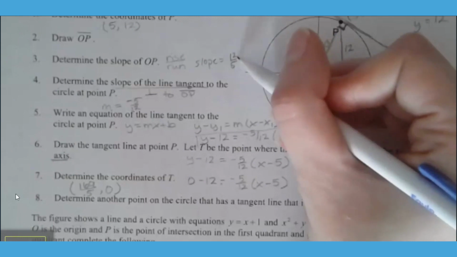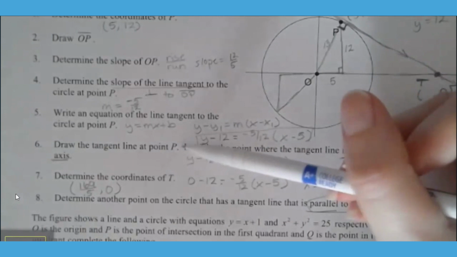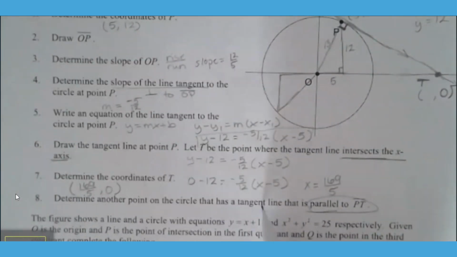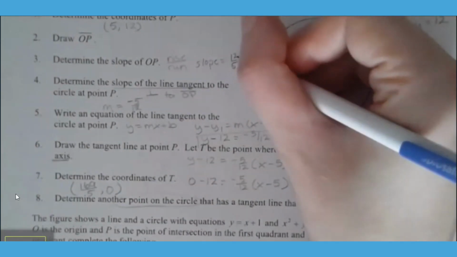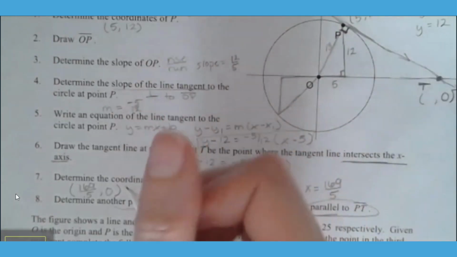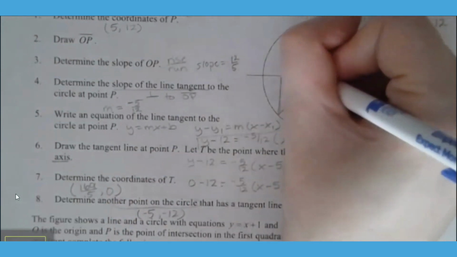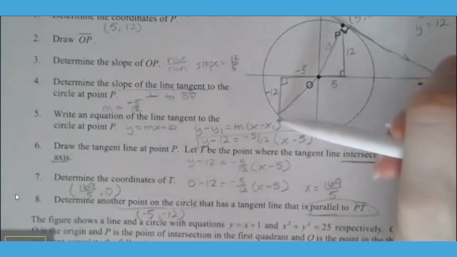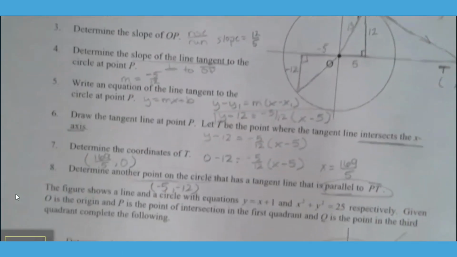My rise was 12/5, because it didn't say parallel to the tangent line, it said parallel to the tangent line but at another point on the circle. So that's why I'm using the slope 12/5 here. So in order for me to do that, my coordinate point would need to be (-5, -12), so that my rise over run is still 12/5. And that is the first portion of our lesson.